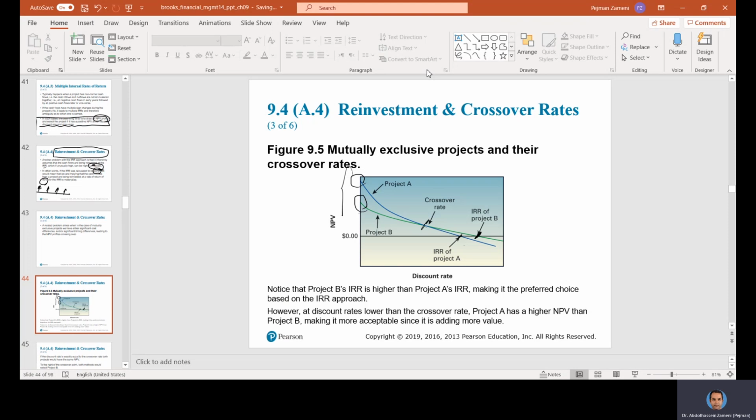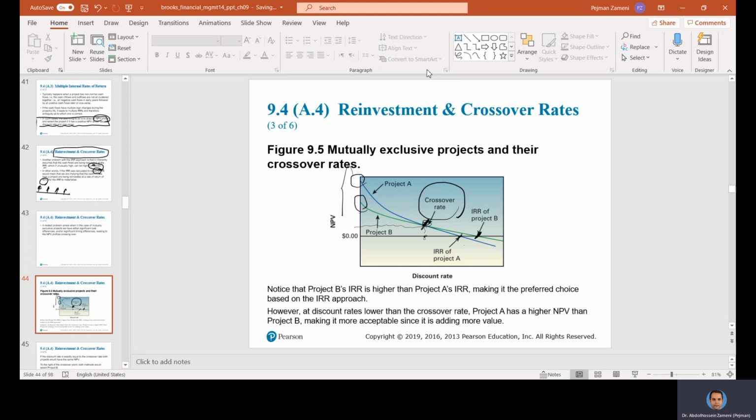At this point, there is an intersection between the two projects. This rate gives the same NPV for both projects. This point is called the crossover rate.